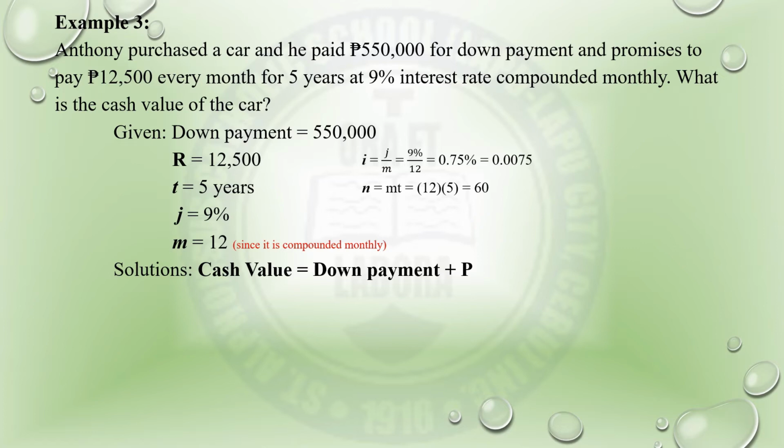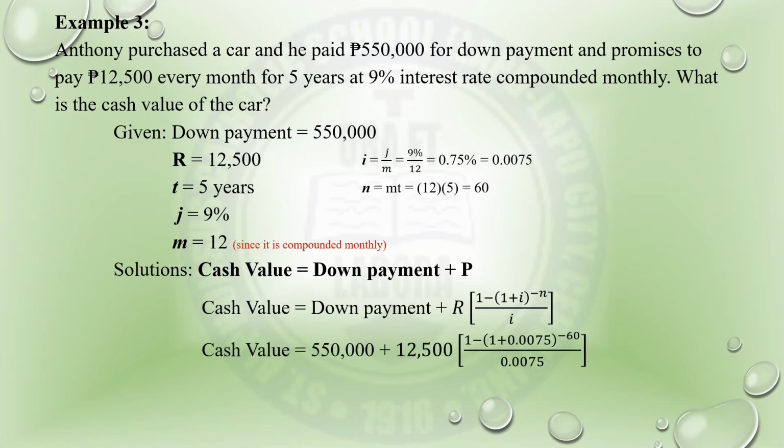And that is cash value is equal to down payment plus P. We have to consider the notation of P, which is R times the quantity of 1 minus the quantity of 1 plus I raised to negative n over I, and substitute the values of our down payment, R, I, and N. So we have cash value is equal to 550,000 plus 12,500 times the quantity of 1 minus the quantity of 1 plus 0.0075 raised to negative 60 over 0.0075.